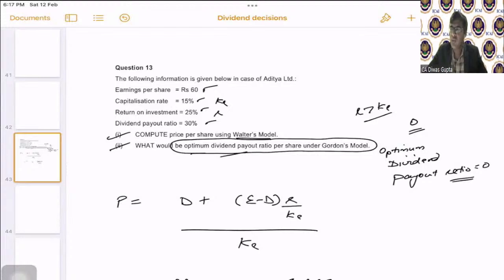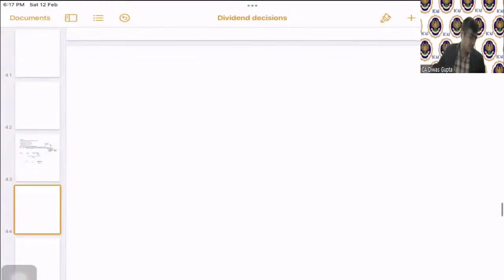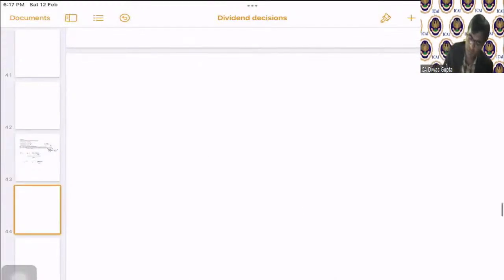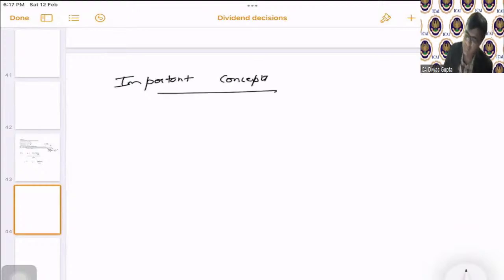Now, students, please pay your attention here again. I am going to discuss some of the incremental things that we have not discussed last time. So, students, I hope all of you know what a PE ratio is. I'm saying important concepts. These are some of the additional things that we are going to discuss, that some of you might know. So, first of all, there is a concept called PE ratio. What is a PE ratio?